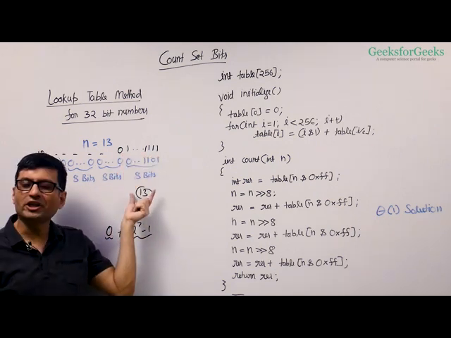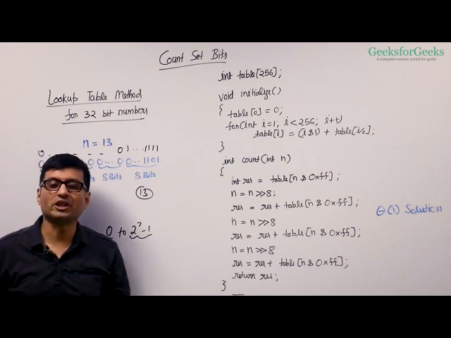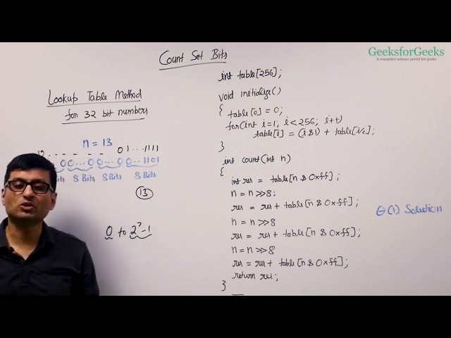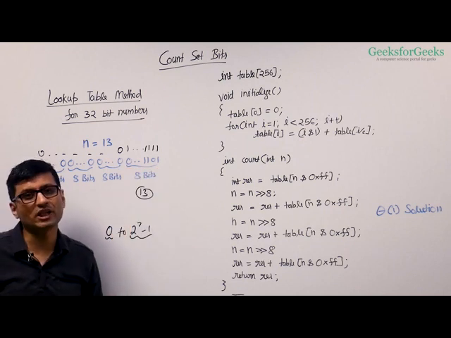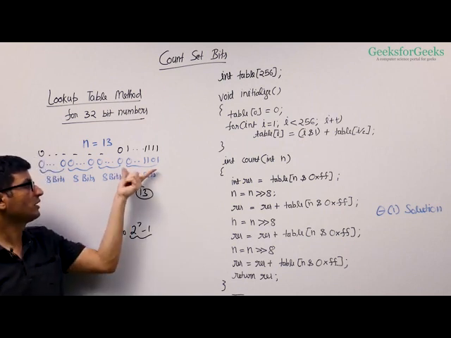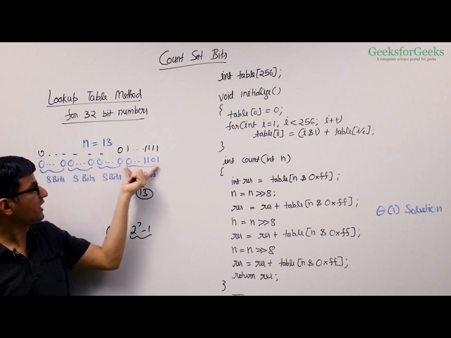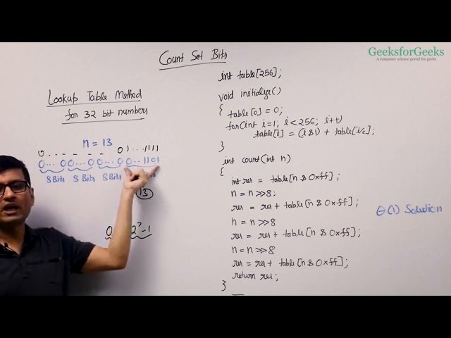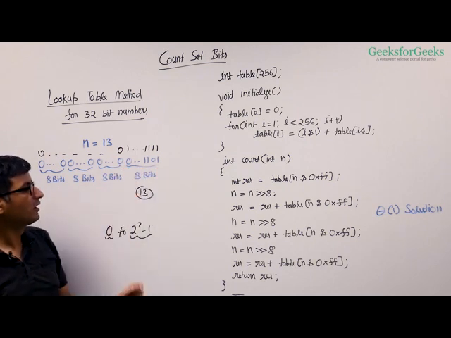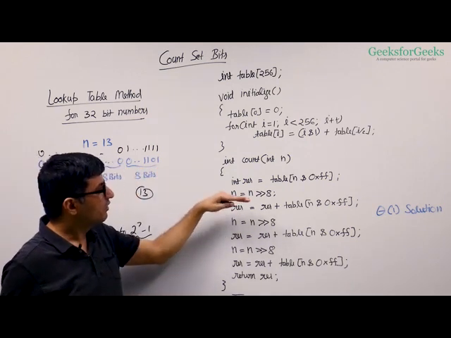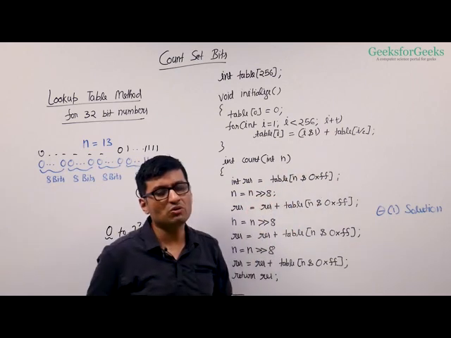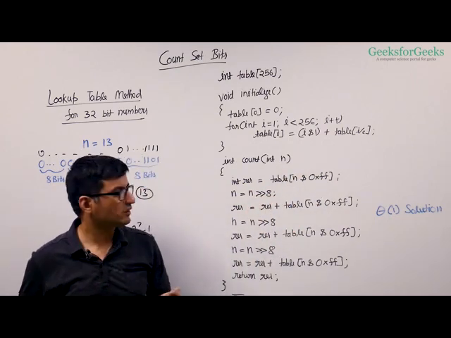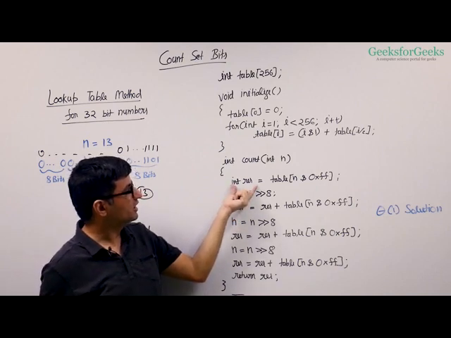If it was 257, then you would have got 1 here. So you basically get the value of last 8 bits in the binary representation by using this expression. And then you do a lookup of this value in your table and you get the count of set bits in those 8 bits. This is how you initialize the result.